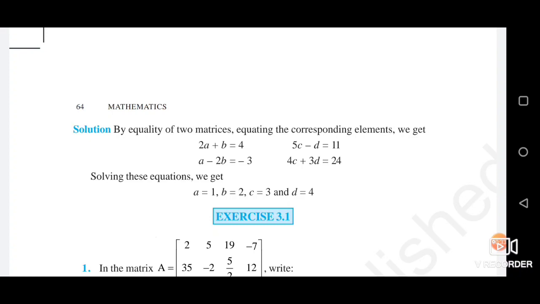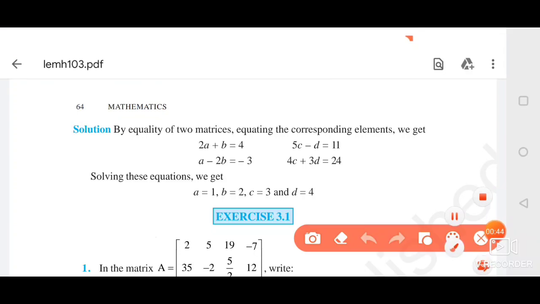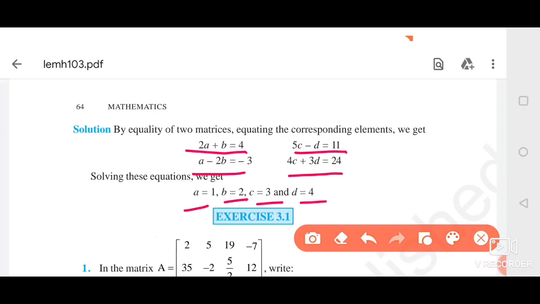Since these two matrices are of order 2 by 2, our first condition is already satisfied. To satisfy our second condition, we have to compare the corresponding elements. So by equating the corresponding elements, we can find the values of a, b, c and d.